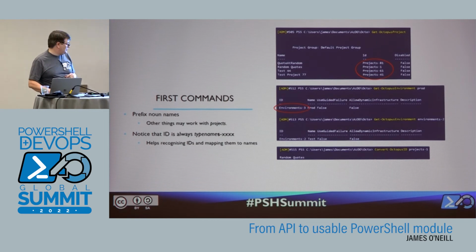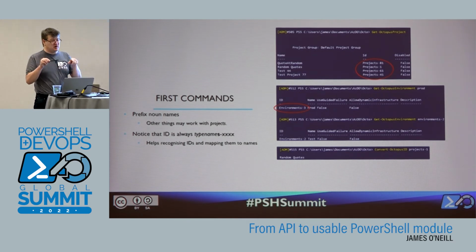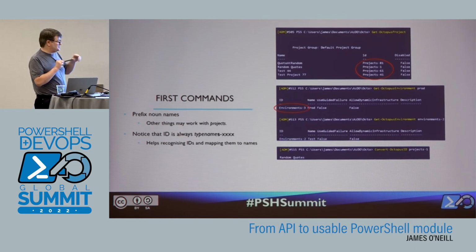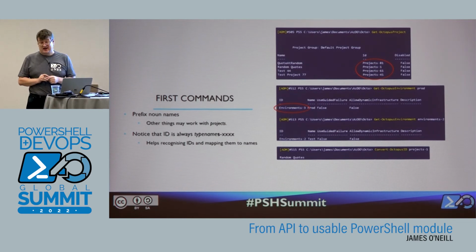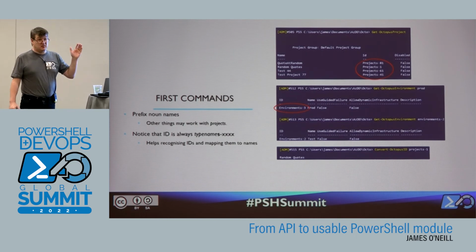Again, I'm not sure how legible this is, but I created a command to help with the formatting. When you saw the machines, that machine that said it was in multiple environments, what was returned was the 3 IDs, but it actually displayed the 3 names because Convert-OctopusID can just say, you've given me an ID that's projects and a number.